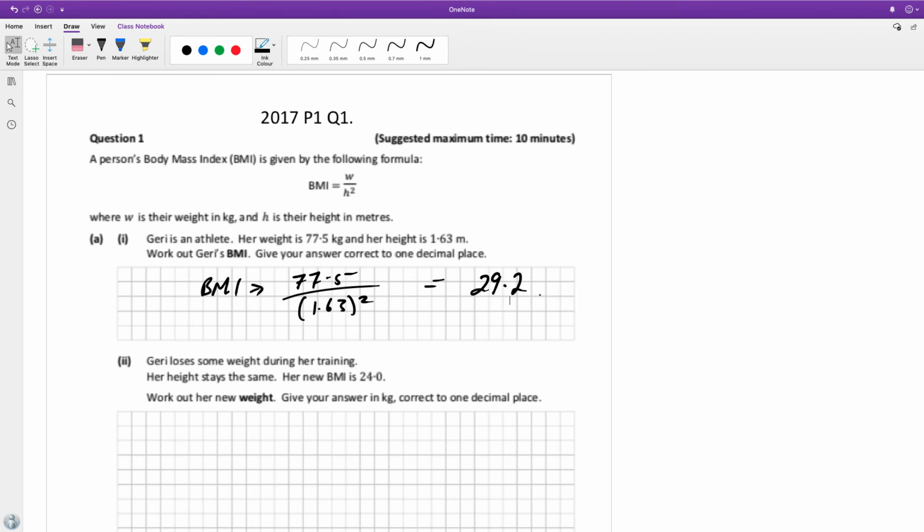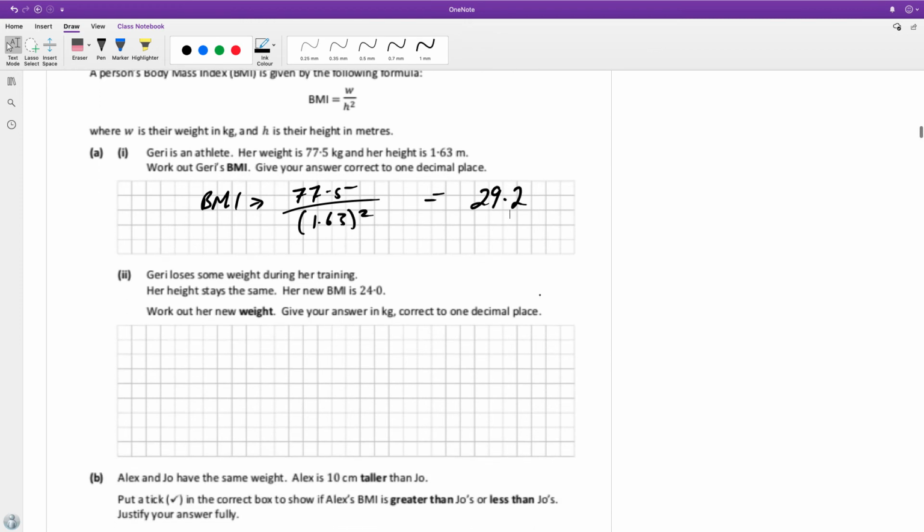So, if you're a bit unsure, fill in the figures you know so far and see if you can do it. So what figures do we know so far?